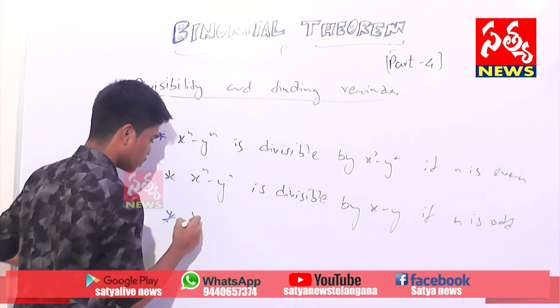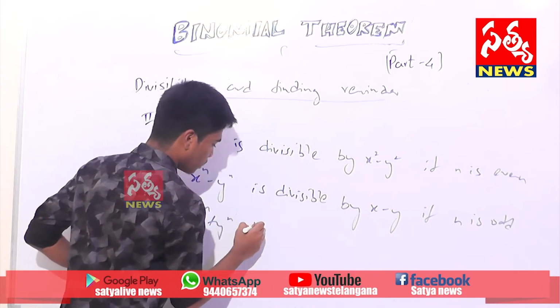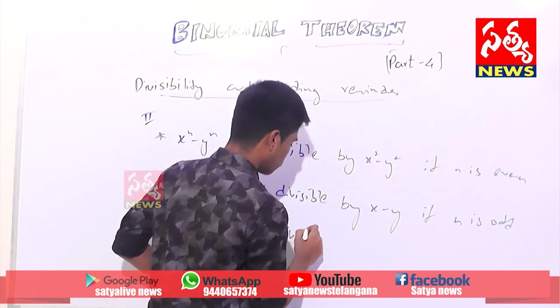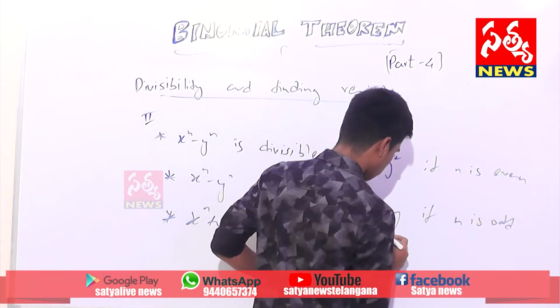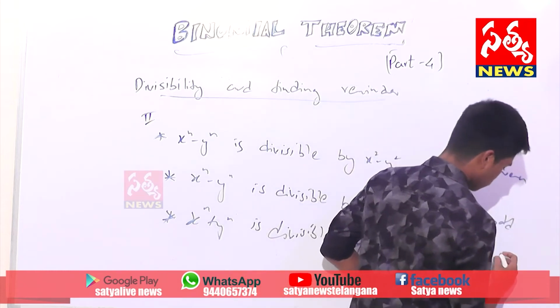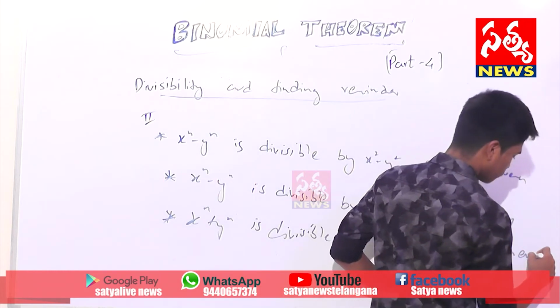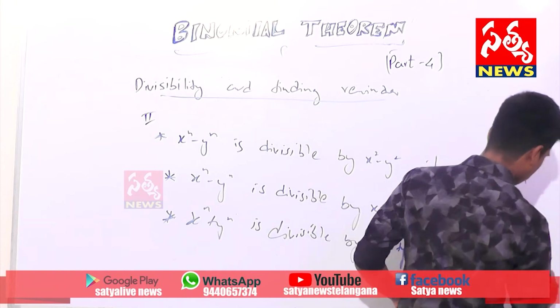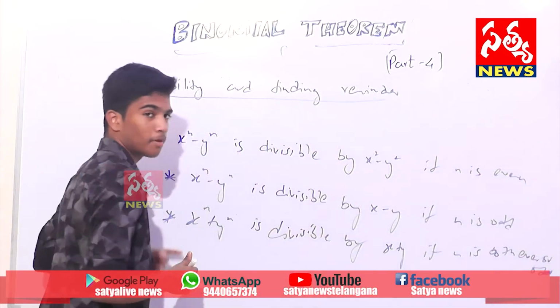And the next is x^n plus y^n is divisible by x plus y if n is odd. Remember these 3 points.